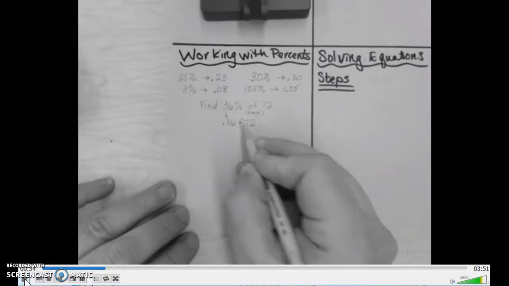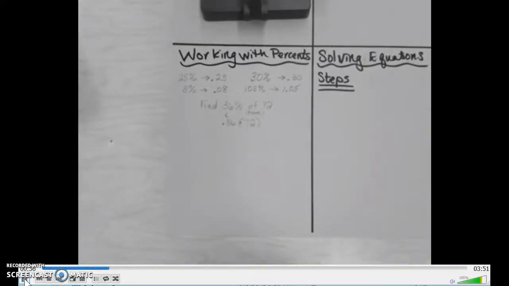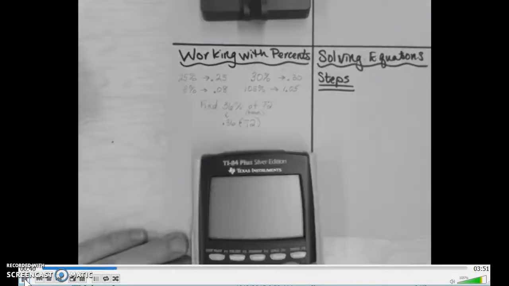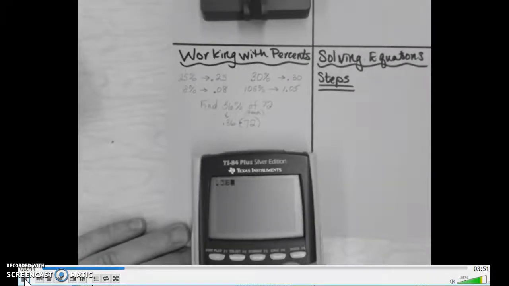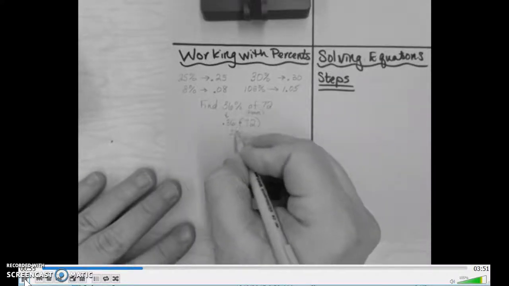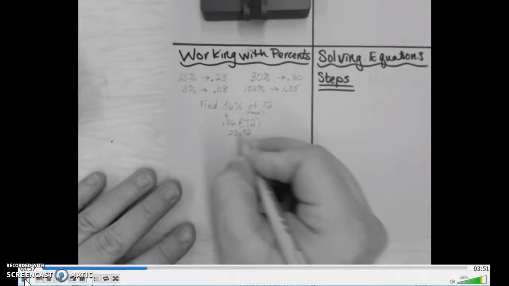And I'm going to put parentheses around it so I don't think it's another decimal. And so now you take your calculator and you do 0.36 times 72. And that gives you 25.92. And so 36% of 72 is 25.92.